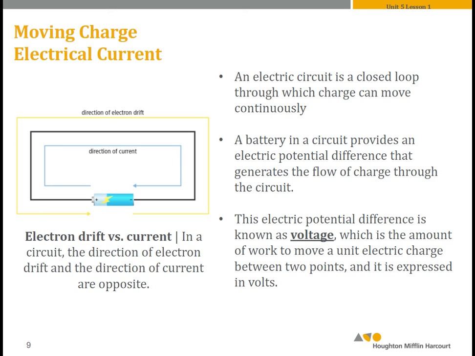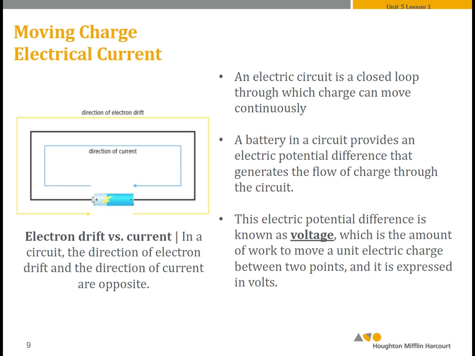This is called voltage, and of course that's a vocabulary word you're going to write in your notes. Another word for electric potential difference is voltage. Voltage is the amount of work, and here's your definition: voltage is the amount of work to move a unit electric charge between 2 points.